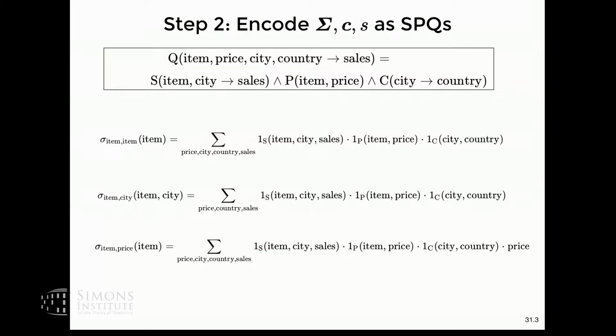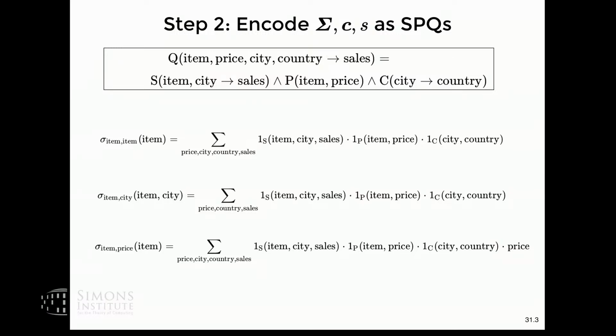Now, what happens if we consider, let's say, a continuous variable price, and let's say we want to look at sigma item price. For sigma item price, price is a continuous variable. So our target basically is, for every item, to compute the summation of price for all tuples in Q that have this item.